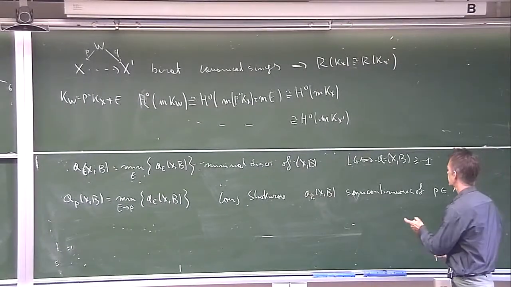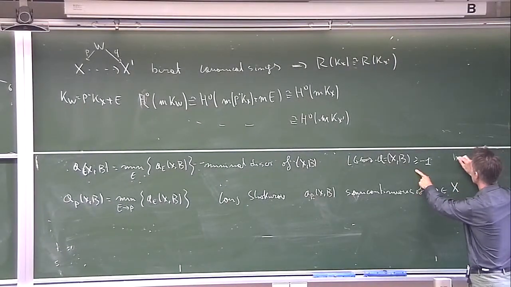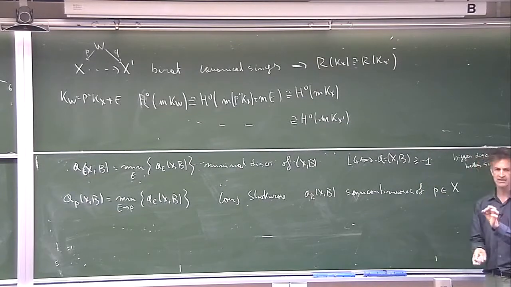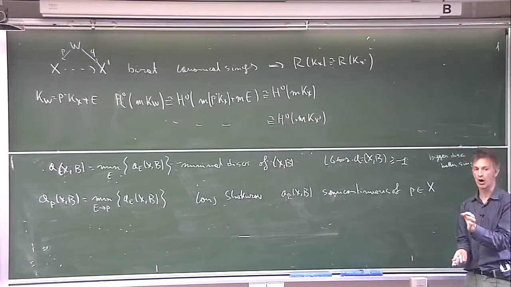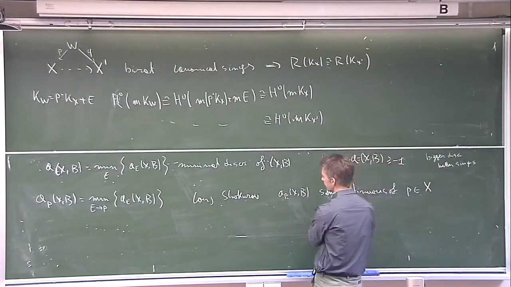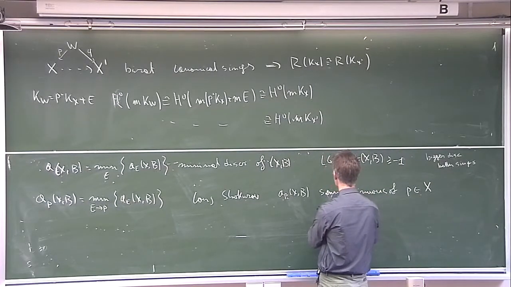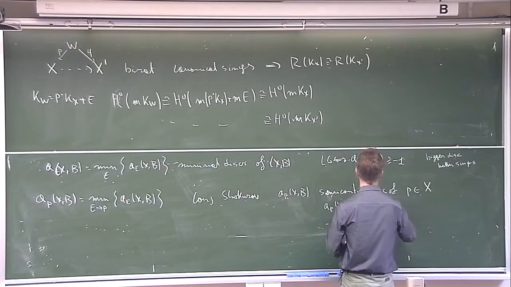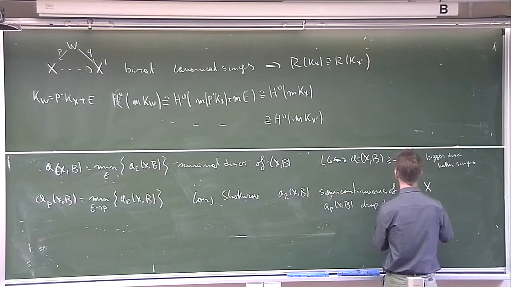Well, let's think about it. Here, bigger discrepancies are better singularities. So when you specialize a point, you expect the singularity to get worse, right? So a_P(X,B) should drop down at special points.